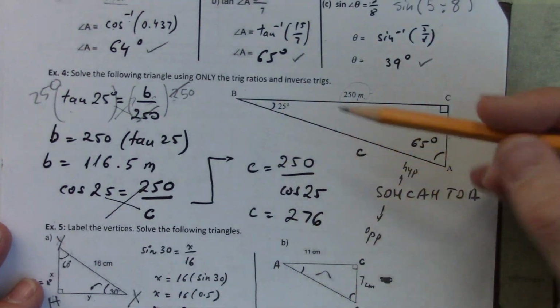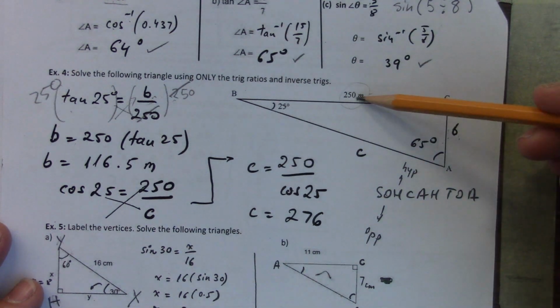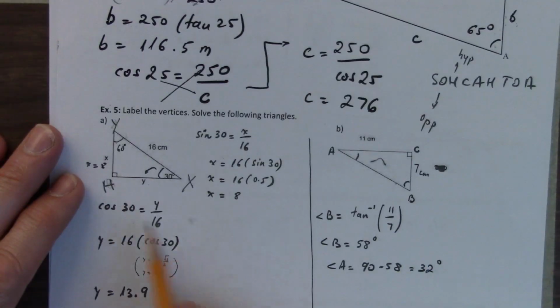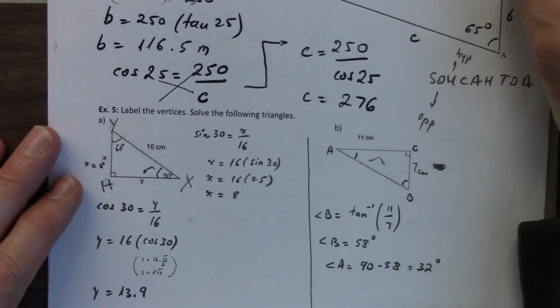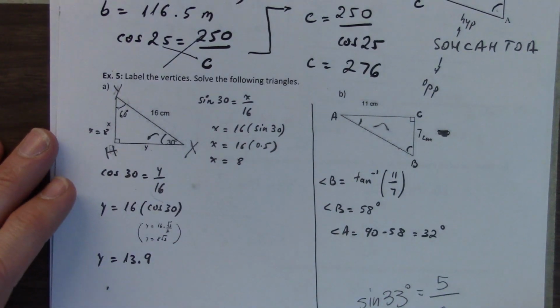Every example you divide. All these ratios you divide. If it's tan, you divide by the adjacent side. If it's cos, you divide by the hypotenuse. Every single one we're dividing. Always. Okay? Let's see some other examples. You can see everything is divided because it's always a ratio.